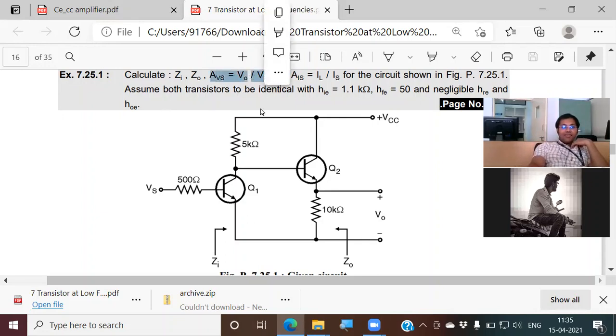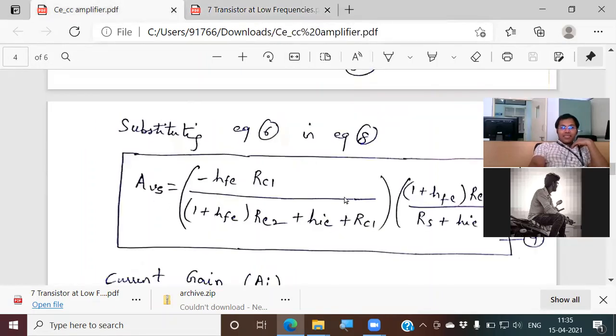AVS is V naught by Vs, which we already derived in the previous class. Direct substitution. So what are required here? HFE is required, RC1, RE2, HIE, RS. All these are required.